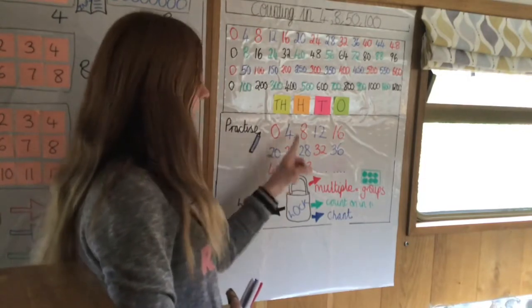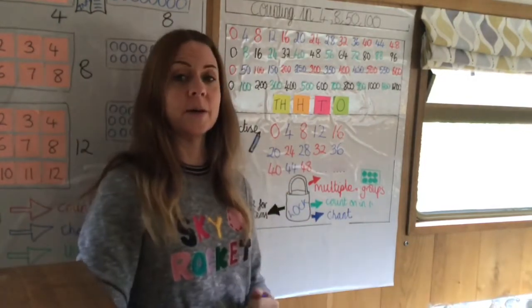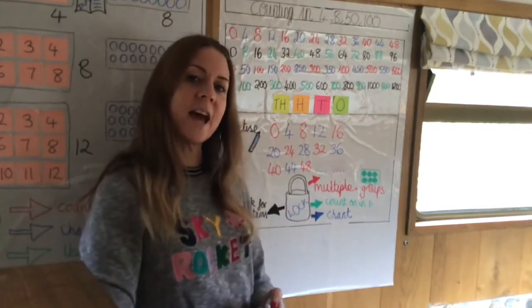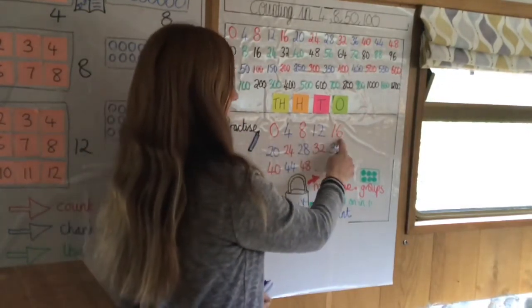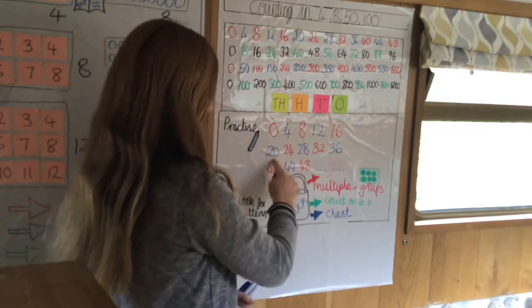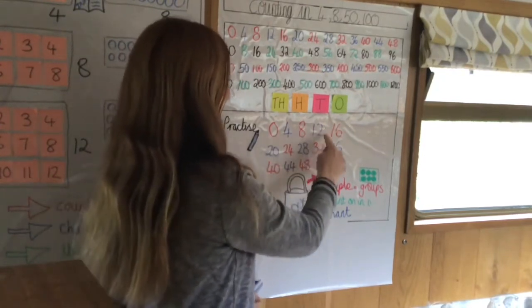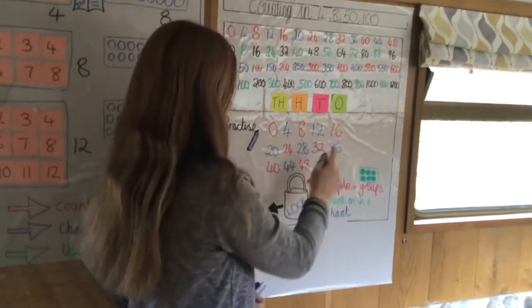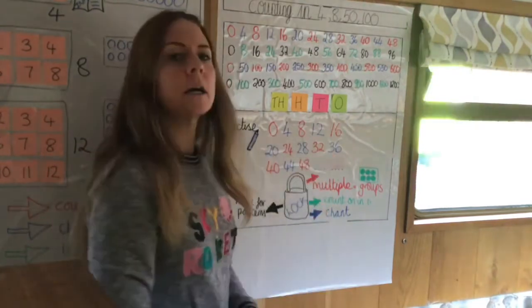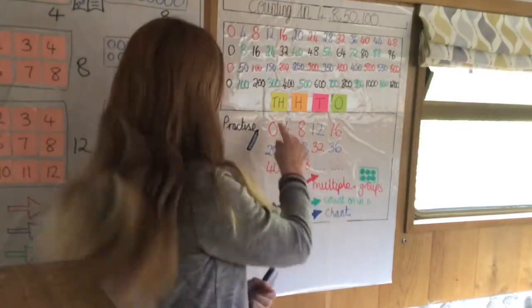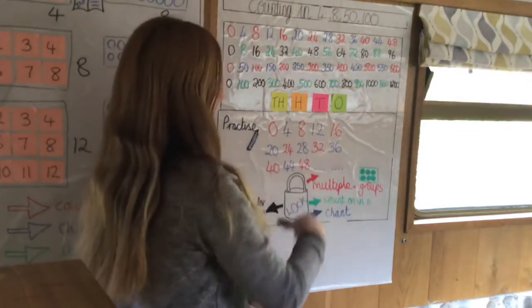I have deliberately lined them up because I want you to see what happens with the 1s and the 10s. Let's have a look. 0, 4, 8, 12, 16, 20, 24, 28, 32, 36, 40, 44, 48. Closely look at the 1s in the columns.